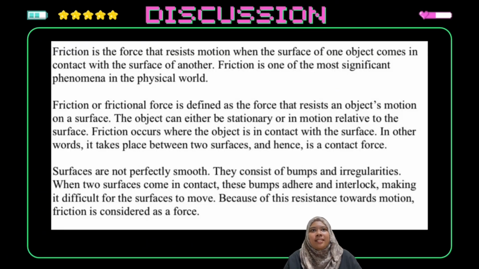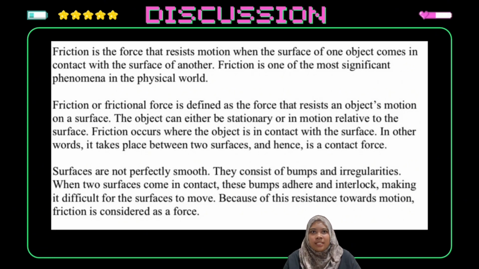The discussion that we can conclude from our experiment is that friction is the force that resists motion when the surface of one object comes in contact with the surface of another. Friction is one of the most significant phenomena in the physical world.